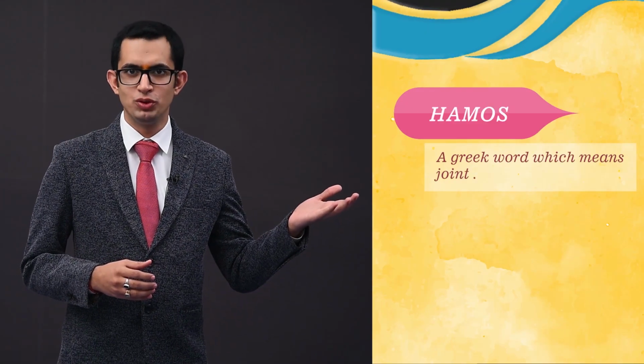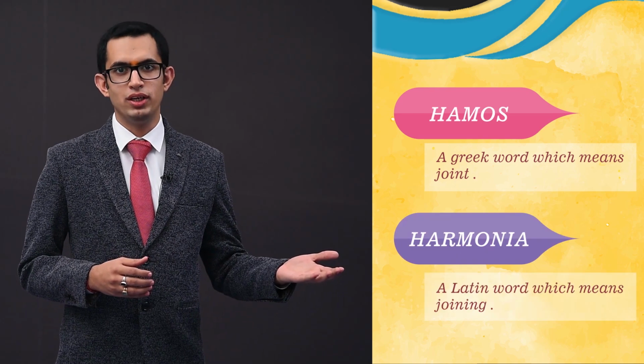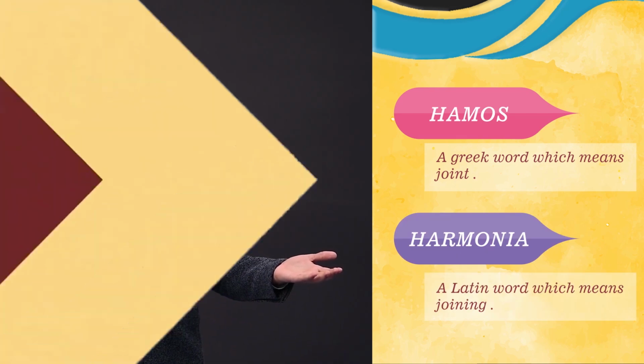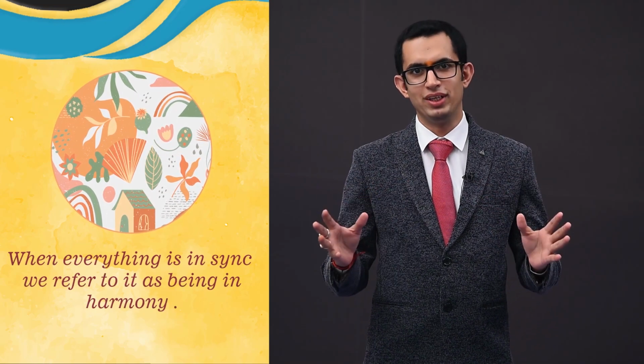Before we get into what harmony is, let's understand how it was derived. It was derived from a Greek word harmos, which meant joint, and also a Latin word harmonia, meaning joining or concord, finally bringing us to the main meaning of harmony, which is agreement or concord. Thus, when everything is in sync, we refer to it as being in harmony.